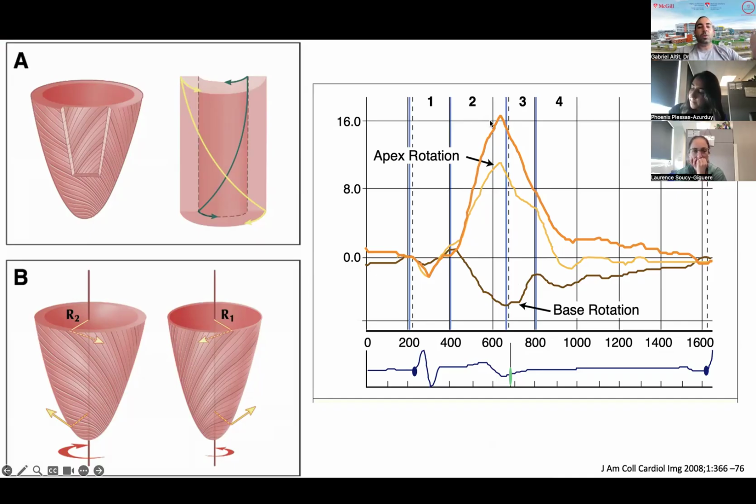When you normalize this twist to the actual length of the ventricle, we call it a torsion. That's mostly used in research evaluation. If you're doing a 3D assessment of the LV, you can get some of these metrics, which are really meant mostly for research, I believe. I don't know that anyone would use this clinically, but I might be wrong.